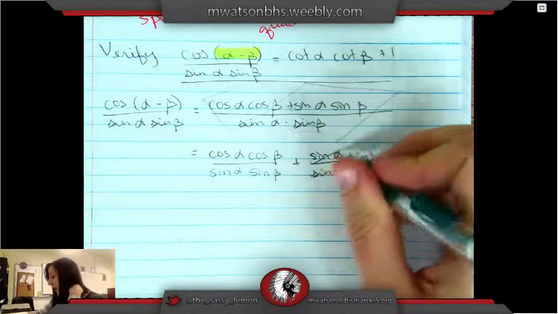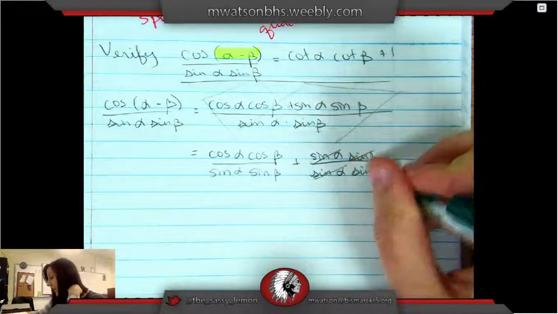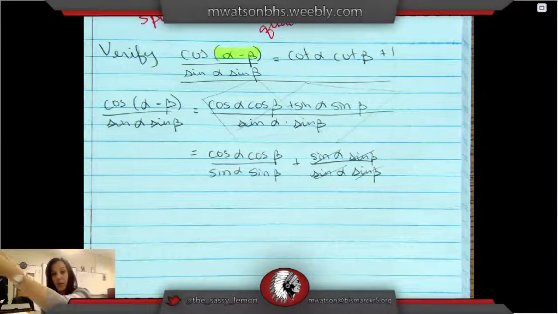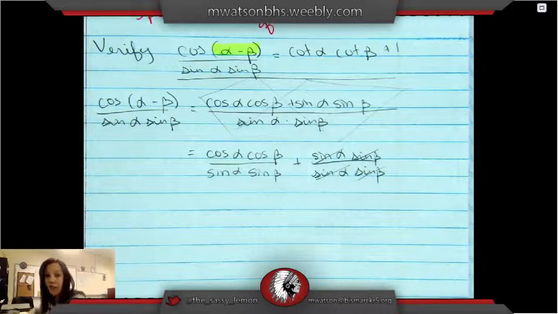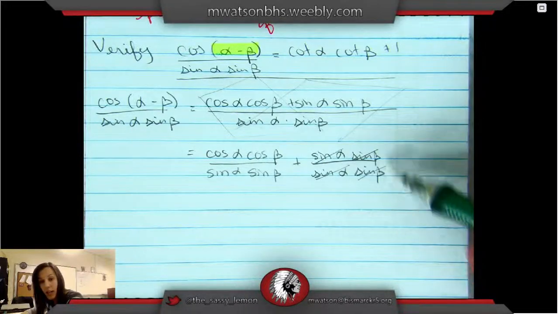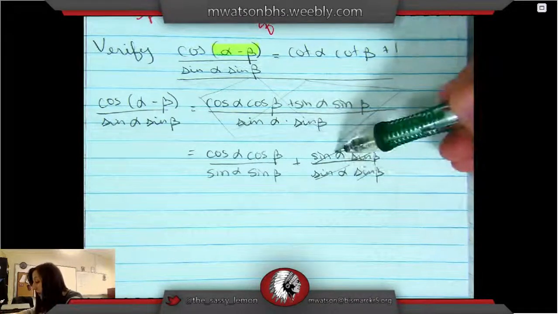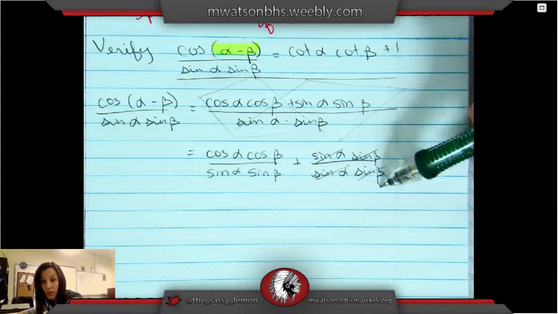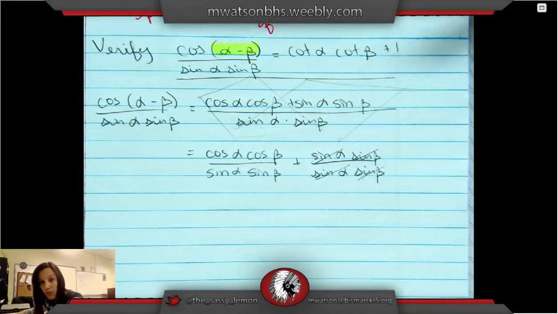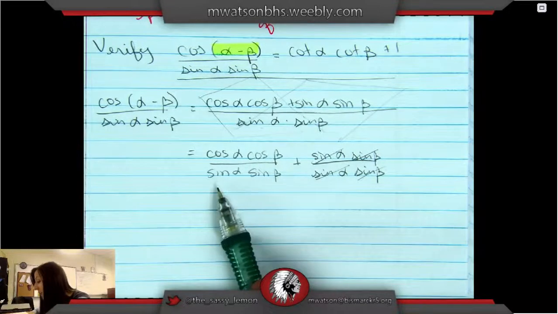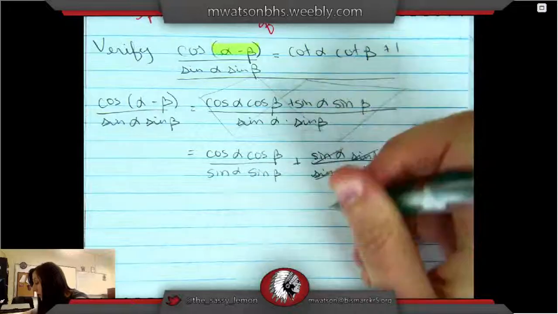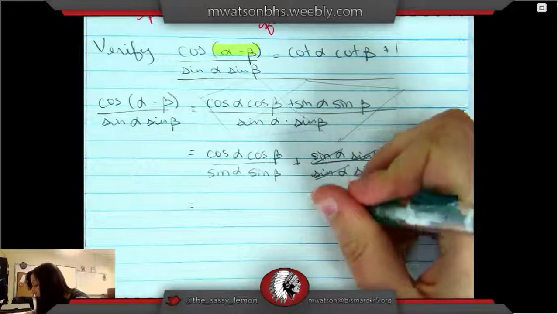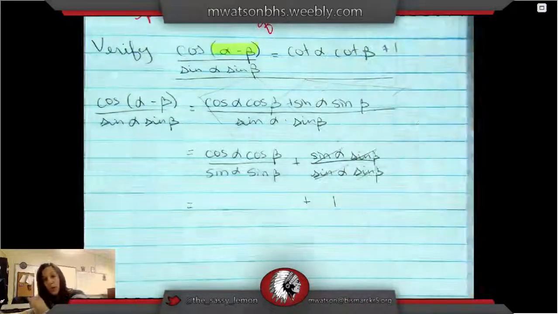We've got sine of alpha canceling and sine of beta canceling. It is important that they have the same angle in order for them to cancel. So like sine of alpha and sine of beta, they don't cancel because they're sine of two different angles. Now over here, this is going to turn into a 1. Don't forget that. It doesn't turn into 0. It turns into 1.